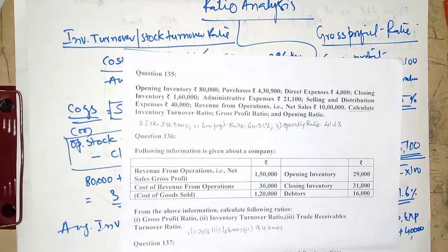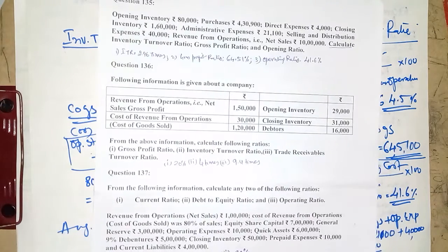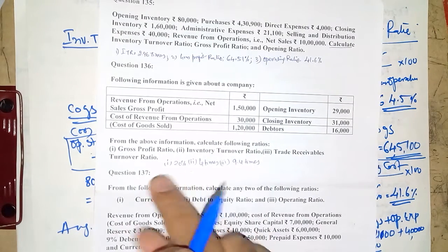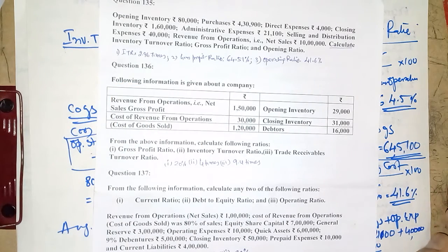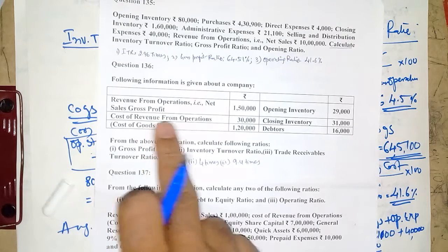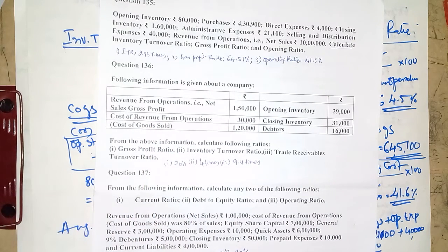Clear? So we'll proceed with the next question. Question number 136: the following information is given about a company. We have revenue from operations, that is net sales.